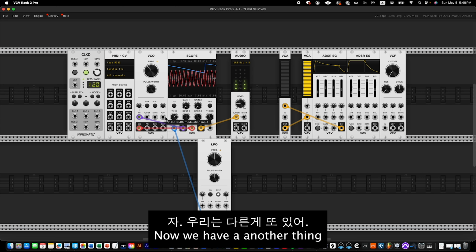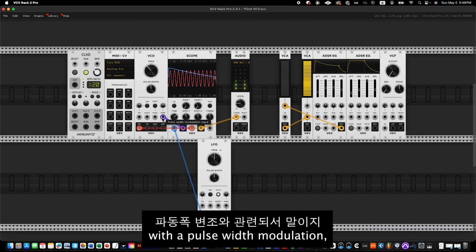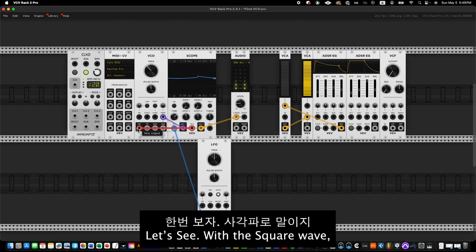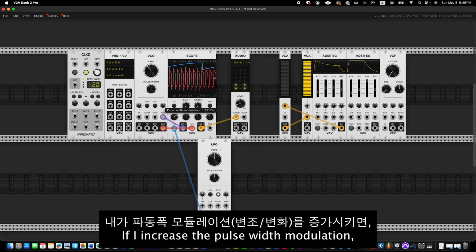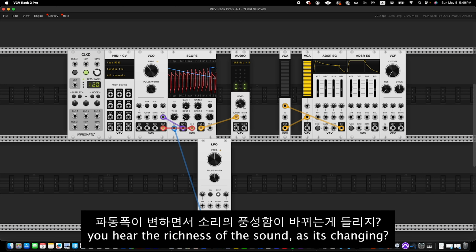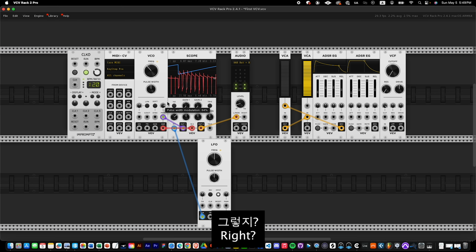Now, we have another thing, pulse width modulation, with the square wave. If I increase the pulse width modulation, you hear the richness of the sound changing.